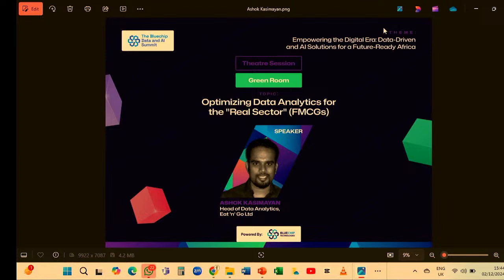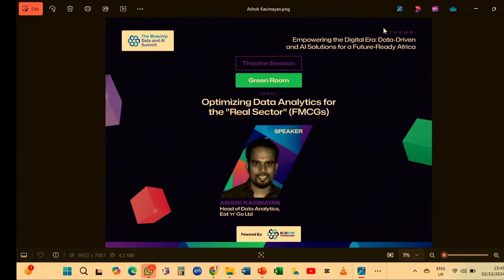For the Purple Room, which is Australia and Antarctica, we have Discovering the Power of AI, a business-first approach. For this Green Room, we have Optimizing Data Analytics for the Real Sector, while in the Amber Room, we have AI-powered business analytics.